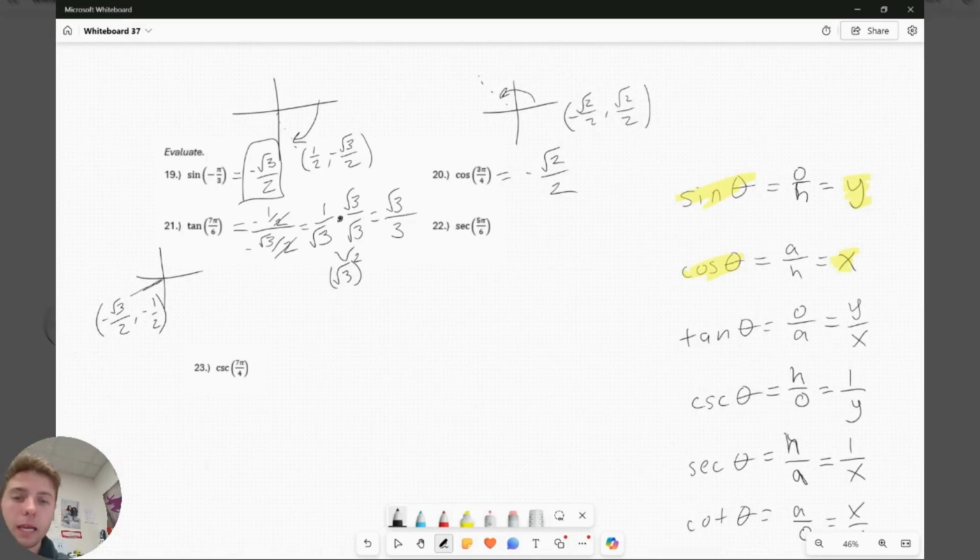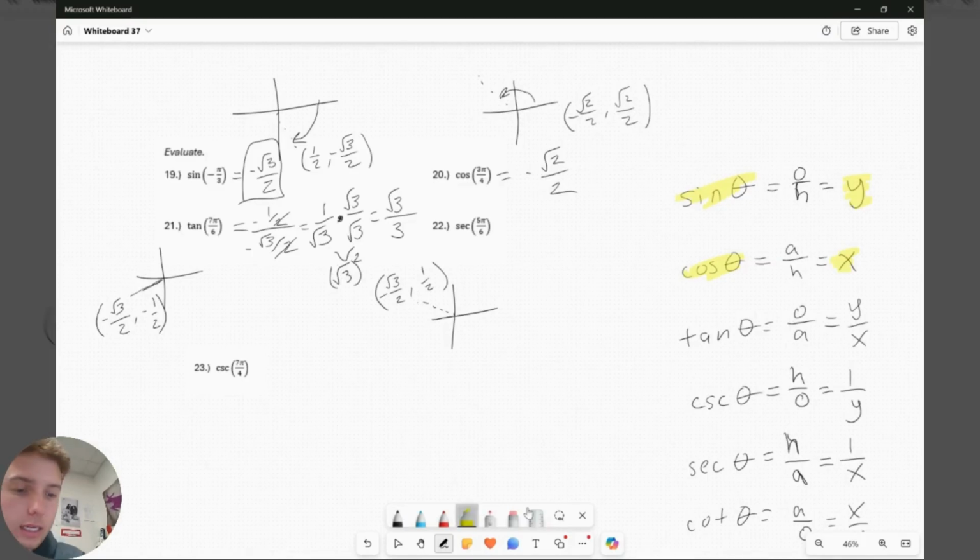Secant, cosecant, let's look at both those real quick for 22 and 23. 22, graph it. 5 pi 6, that's slightly less than 1 pi. That means I am in quadrant 2. We are in terms of pi 6, so we know our coordinate has to be this. Quadrant 2 tells me the x value is negative.